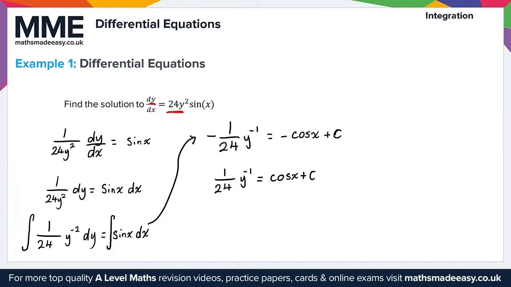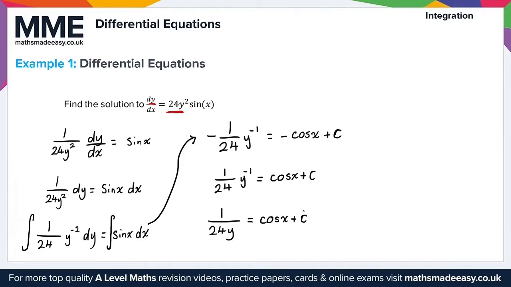So even if we times it by minus 1, it still remains that it's an arbitrary constant. So in this case here now, 1 over 24 y to the minus 1, well we could write that as 1 over 24 y. Okay, and this is equal to cos x plus c.